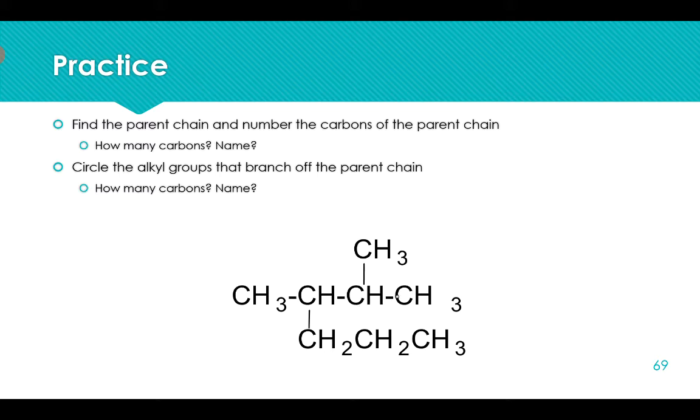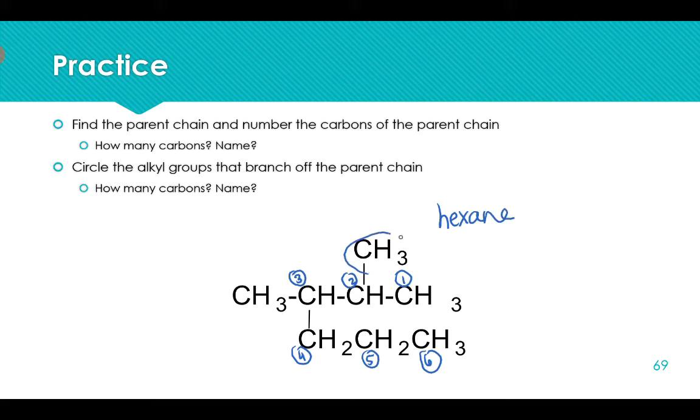Okay. I see a chain that goes from here down and around. So the longest continuous carbon chain I see is 6 carbons long. And so that's going to be hexane.